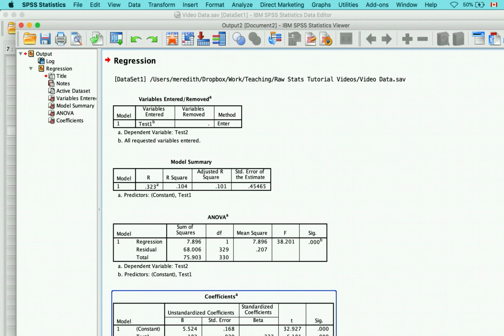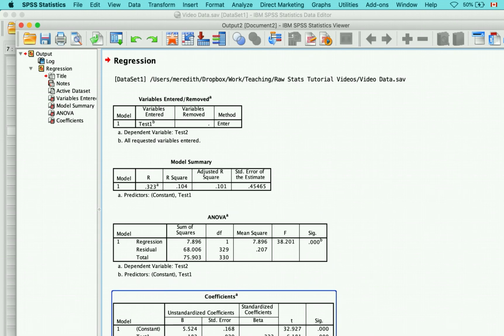So what we can see here is that if test 1 is equal to 0, so if x is 0, then the score of y would be 5.52. So that would be where the regression line starts at the y-axis, at about 5.